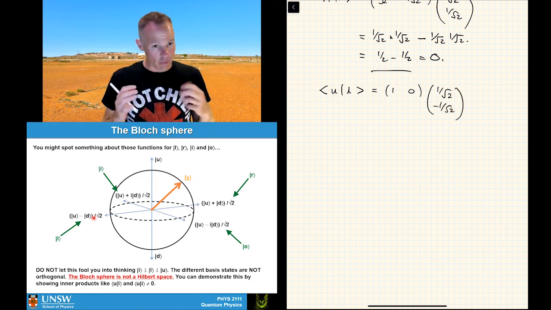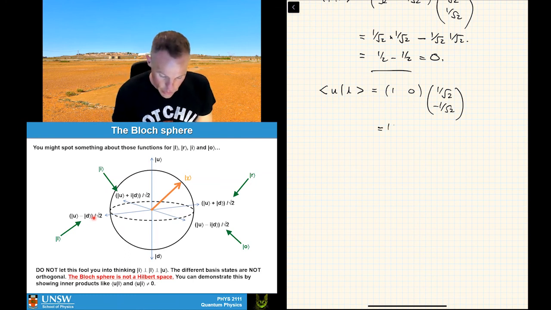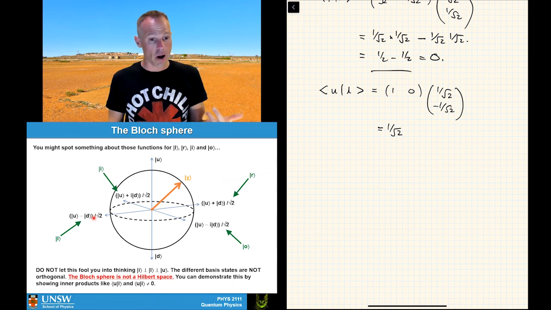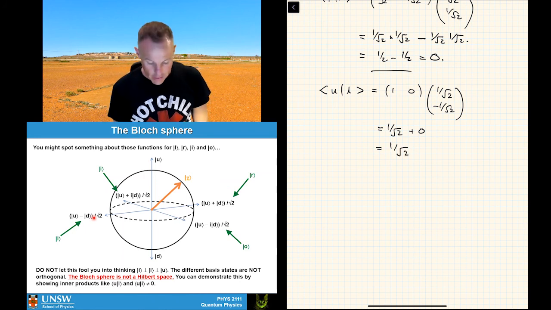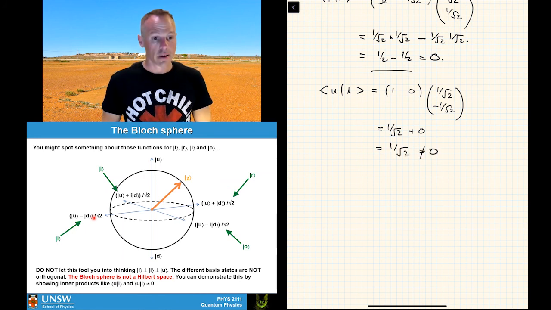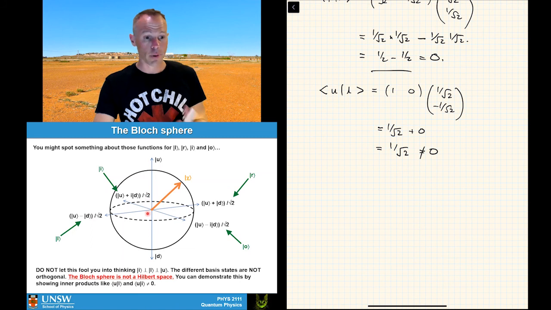And then we just multiply this out, right? So 1 times 1 over root 2 is 1 over root 2. 0 times minus 1 over root 2 is 0. Add those two things together, we get 1 on root 2. Notably, we don't get 0. Okay, so up is not orthogonal to left like it looks in a Bloch sphere.